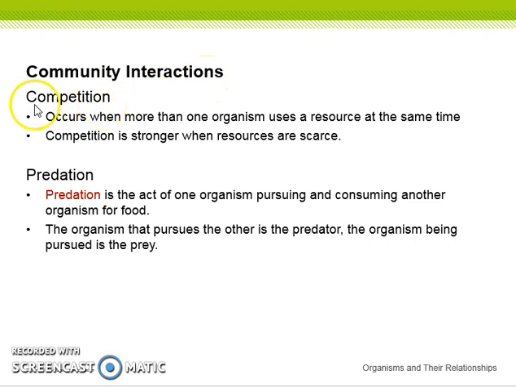And on the left side, your subtitle will be competition, and on your right side, your title will be predation. So under competition, write it down, occurs when more than one organism uses a resource at the same time. Competition is stronger when resources are scarce.